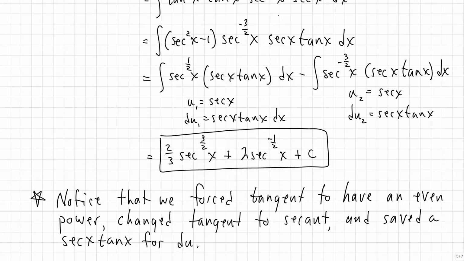So we created a secant tangent for our du, and then we had tangent go to tangent squared so we could swap it out for secant squared minus 1.